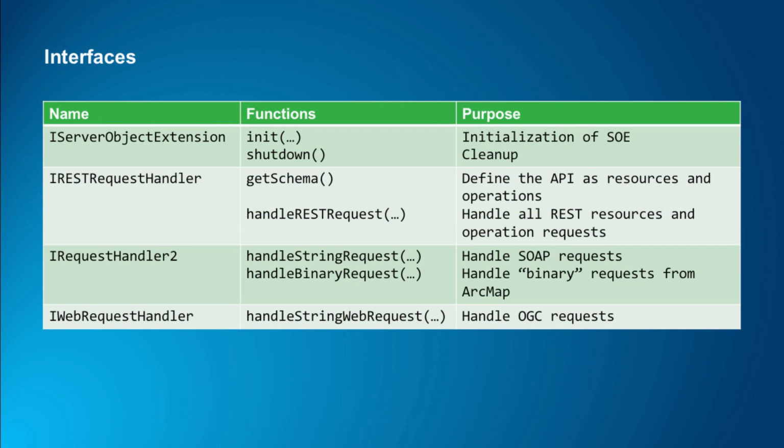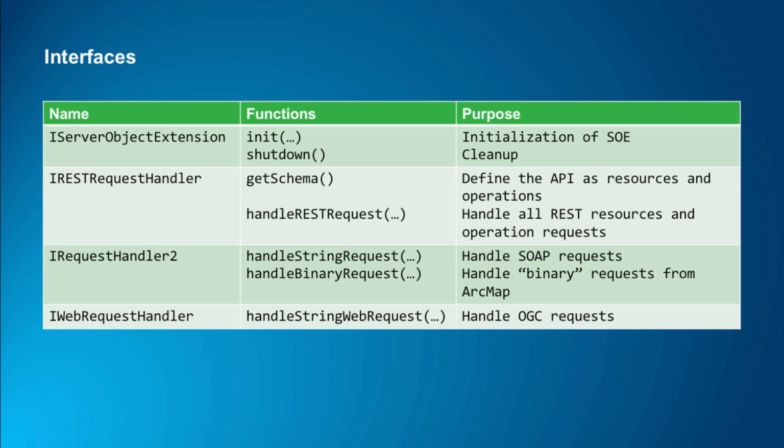Let's talk about interfaces for a little bit. As a server object interceptor writer, any code that you write must implement these four interfaces. The first one is the server object extension. The framework uses it to identify what code constitutes a server object extension, and you pretty much have the init and the shutdown methods to implement.